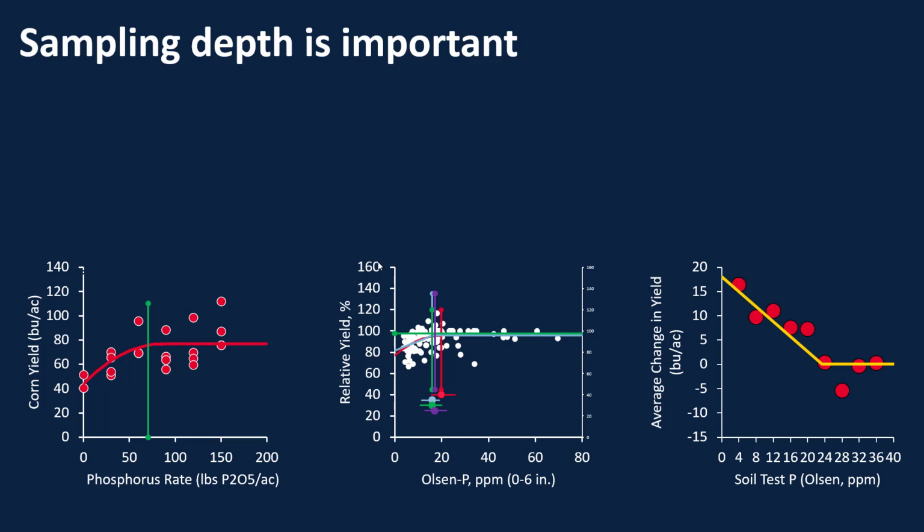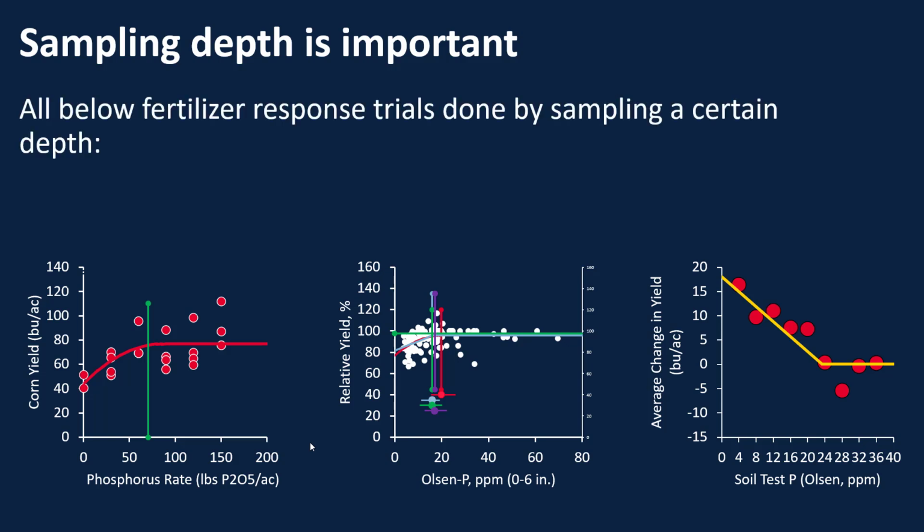It's also important because when we're doing all this research, looking at relative yield, change in yield, and the rate we got at each field, we use a certain depth. The depth that we use is 0 to 6. If we want to look at 0 to 4 for other ones, we need the data behind that. But we are looking at that 0 to 4 inches because some people have that question in no-till, where we see a stratification of nutrients.